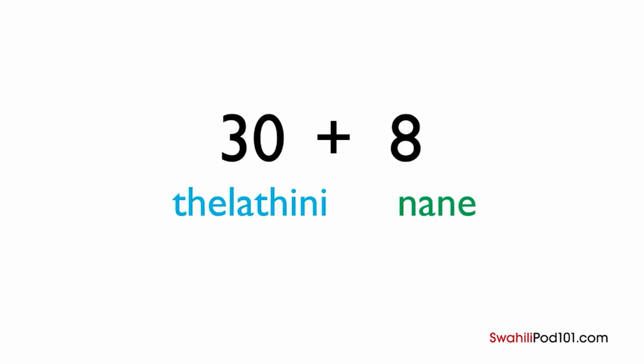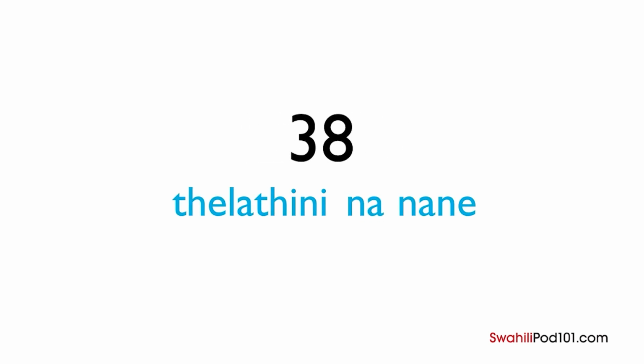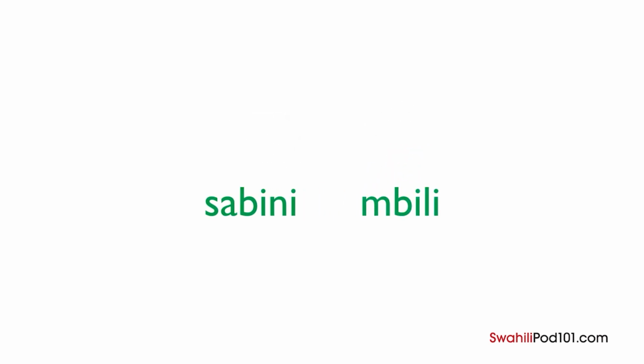In between thelathini and nane is the conjunction na, meaning and, to join them. Thelathini na nane. It's as simple as that. Let's try another one, like 72. First, take 70, sabini, and then add 2, mbili, to get sabini na mbili.